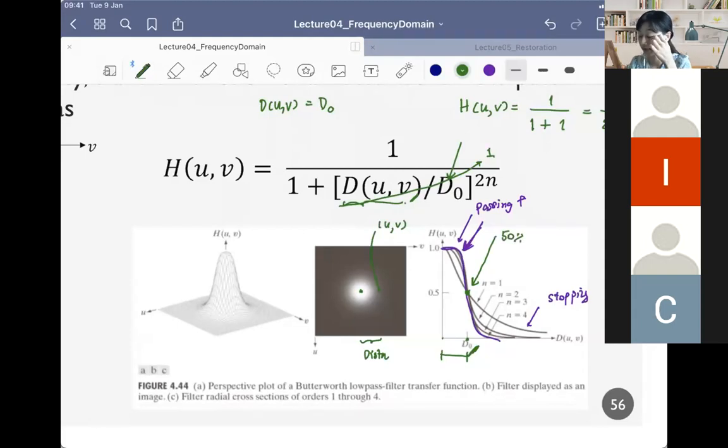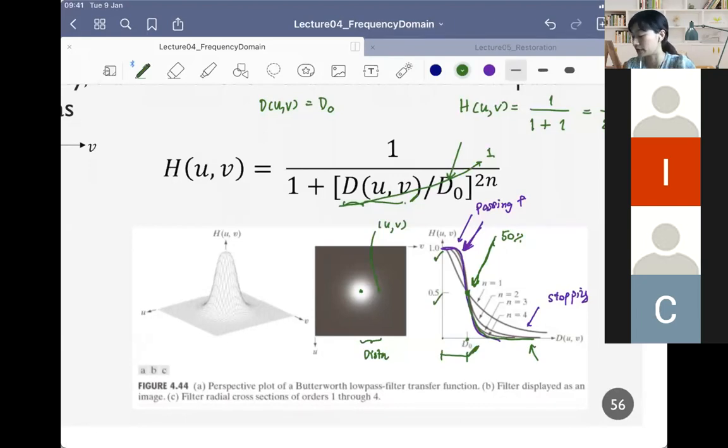At the cutoff frequency, you allow about 50% of that frequency to pass. So some is removed and some is passed. What the Butterworth does is not select some frequencies and remove others, but give a weight value to each frequency until they are not allowed to pass at all.